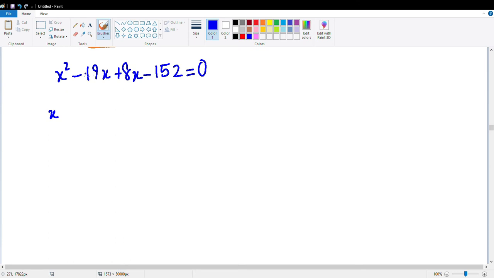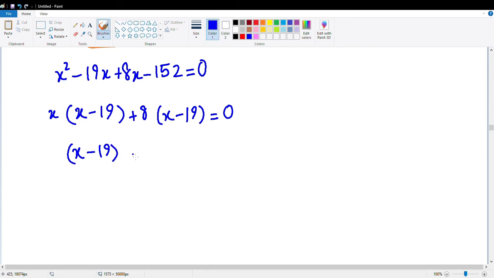We'll take x common from the first two and we'll get x minus 19. And from the second two, we'll take 8 common and we'll get x minus 19, since 8 times 19 is 152, equals 0. We'll take x minus 19 common and we'll get x plus 8. We'll be left with x plus 8 equals 0.